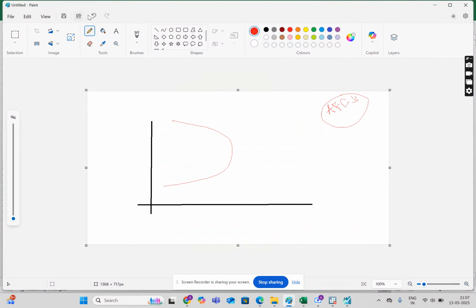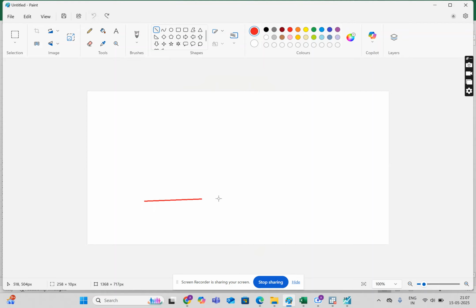So let me just show you how we do this. Suppose this is the x-axis, and we are assuming that the returns of our assets are normally distributed.